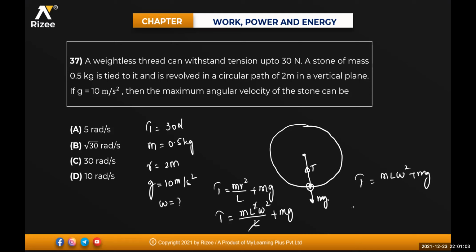So I can write T minus mg is equal to m L omega square. Tension is given as 30 Newton, minus mass 0.5, that is half, into g value 10, is equal to mass 1 by 2, into length, that is the radius, 2 meters, into omega square. This two will get cancelled. 30 minus 5 is 25.